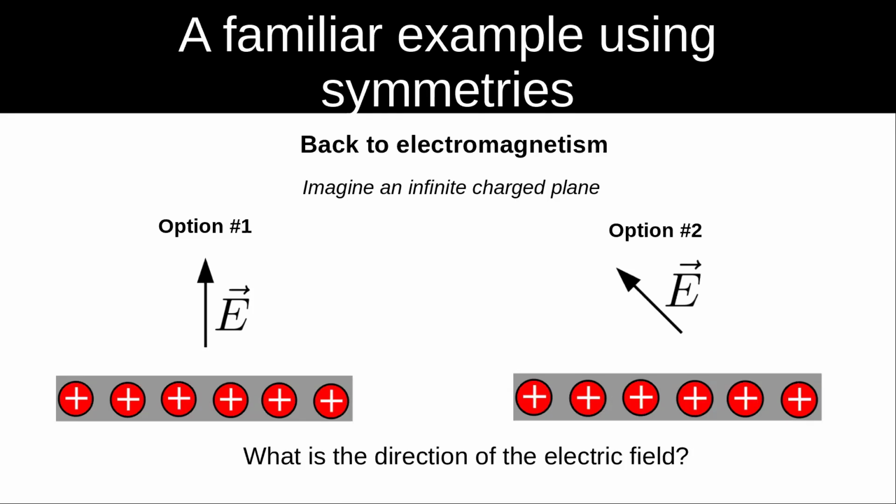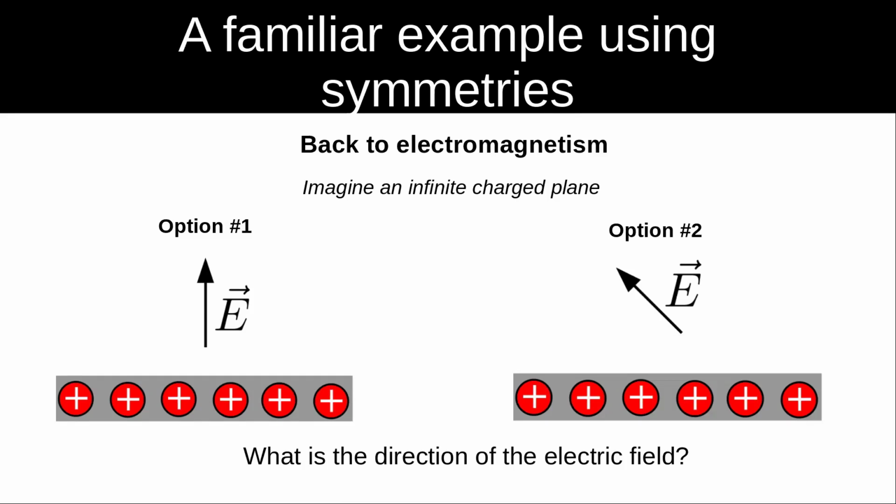Maybe one of the most well-known examples are the cases in electromagnetism, where symmetries allow you to estimate electric fields, or at least to put constraints on electric fields just from the charge distribution that your problem has. So let us imagine that we have a plane with positive charges, with a perfectly uniform distribution.